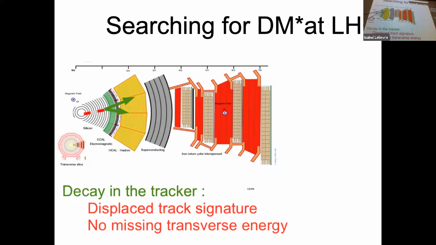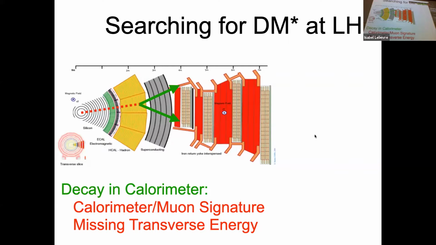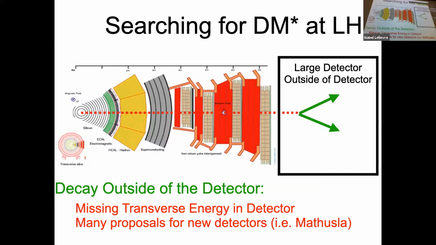This displaced object can be, if it's close to the collision, right, you can get a displaced vertex in the tracking detectors. If it's far from the collision, right, you can get a displaced object in something else, like a calorimeter. If it's really far from the collision, like it decides to go to IKEA or Methuselah, you can get something outside of the detector.